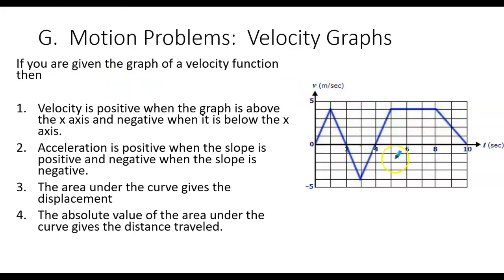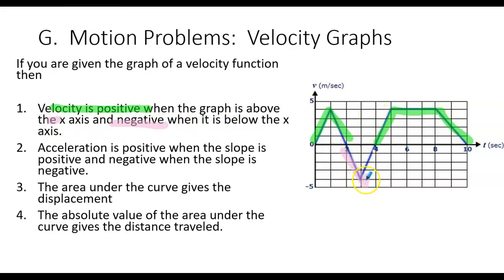So if they give you the graph of the velocity function, then as you guys know, velocity is positive when the graph is above the x-axis, because anytime this graph is above the x-axis, that means that those are all positive velocity values. And it would be negative anytime the graph is below the x-axis.